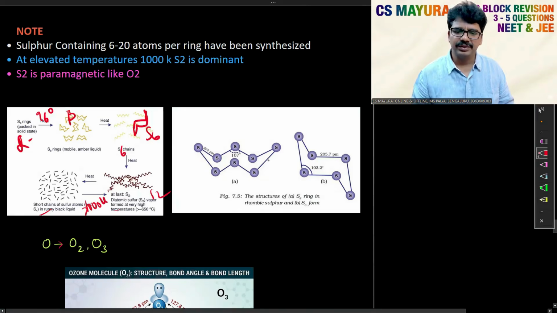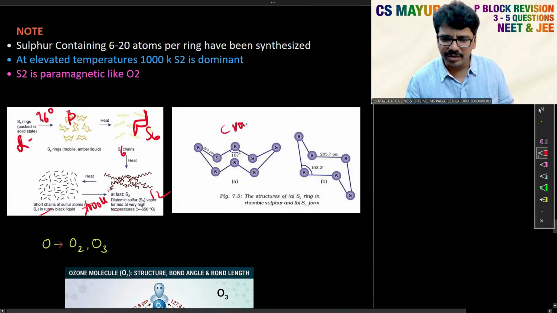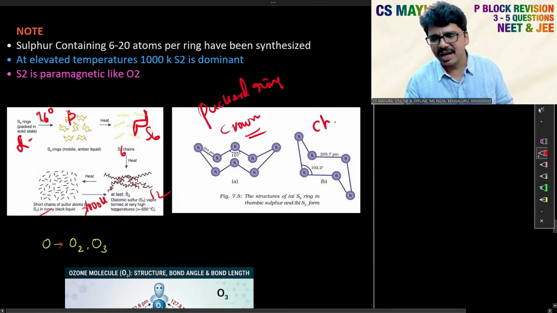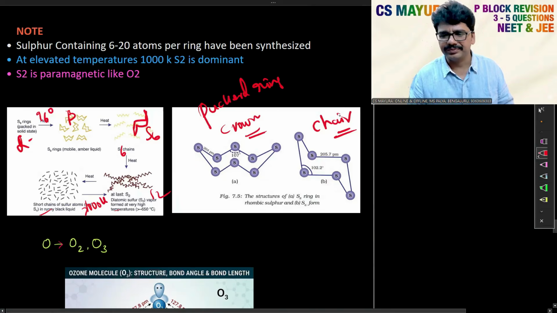will get S2. So this is a crown shape or puckered ring structure of the S8 molecule, and this is the chair form of the molecule. Right. When the sulfur is heated above 1000 kelvins temperature, you will observe S2.